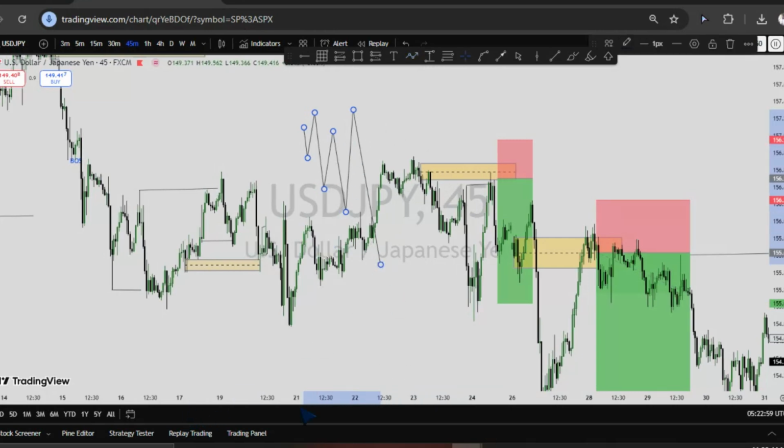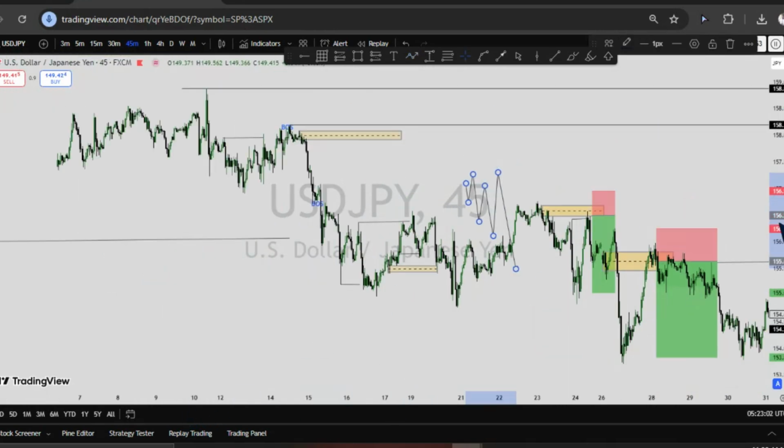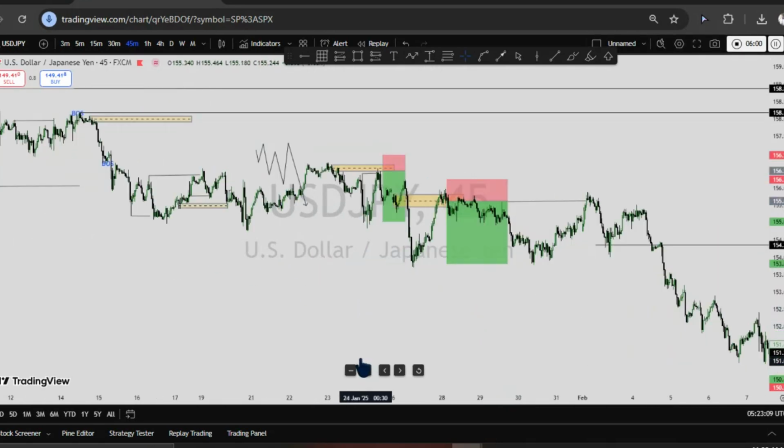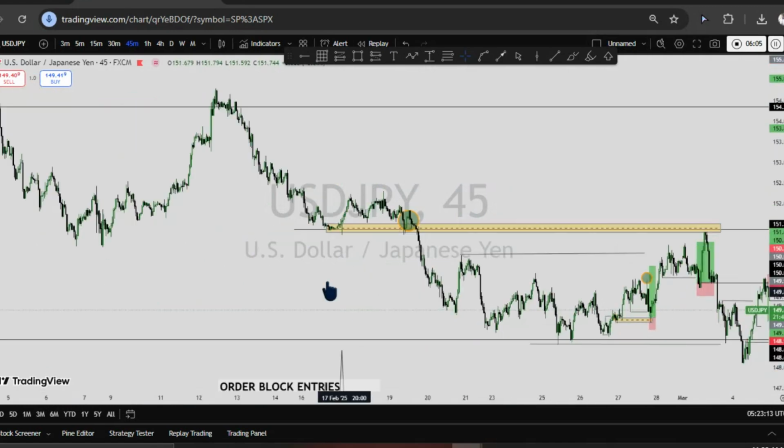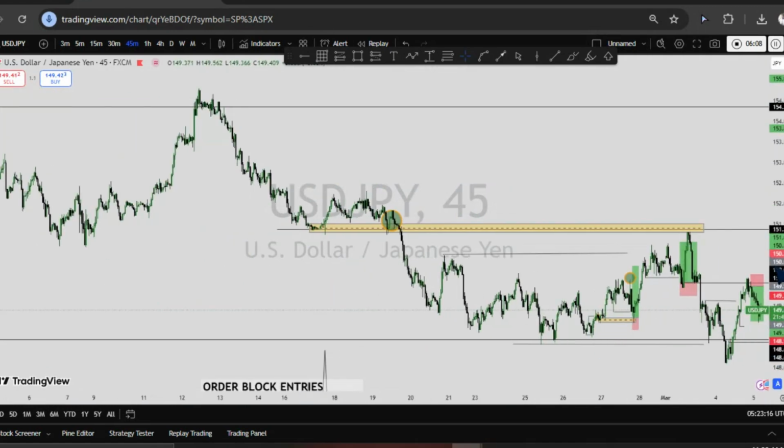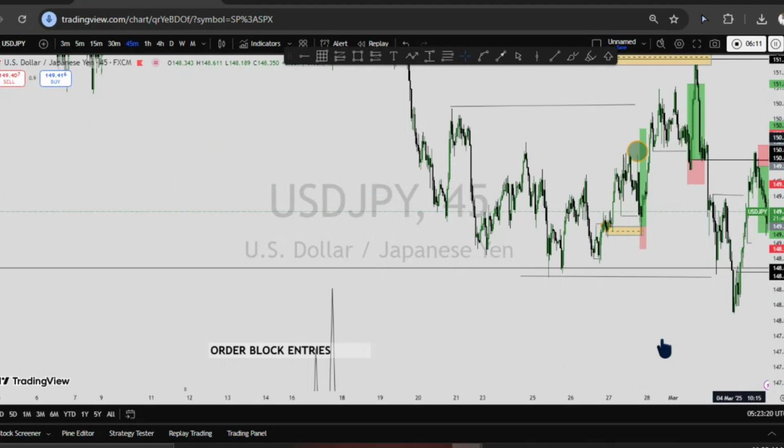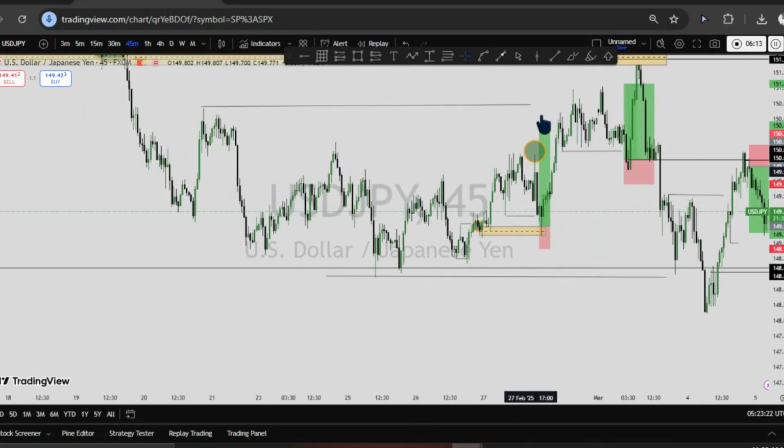Now let's look for some other type of entry. Let's look for a buy. Is there any place we have a similar entry pattern like this? Okay, we have one here, we have one here. You could see this area.